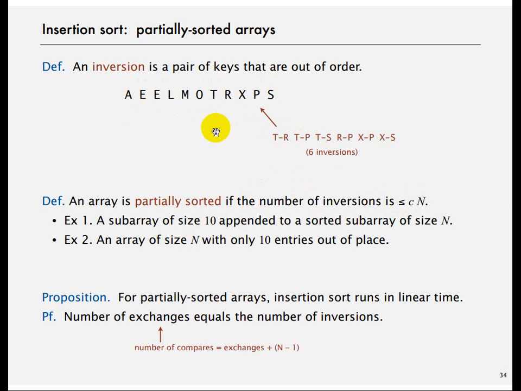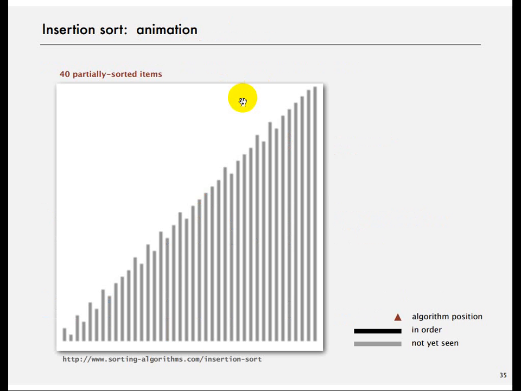As you can imagine, there can be more than n, there can be lots of inversions. In this case, an array of size n with only 10 entries out of place, for a partially sorted array, insertion sort runs in linear time, correct? What that means is you are just exchanging things. In insertion sort, you're just going to move some elements around and it will run in linear time. Okay, some more examples here.